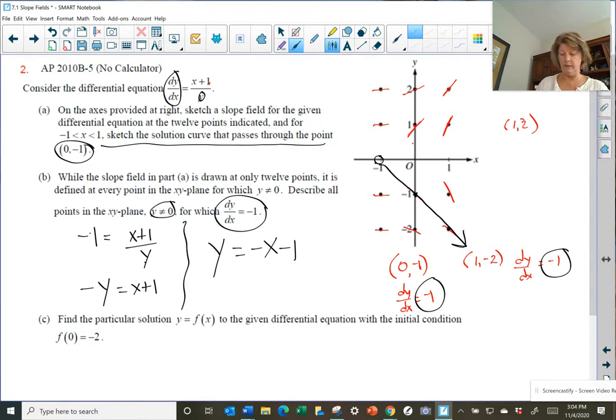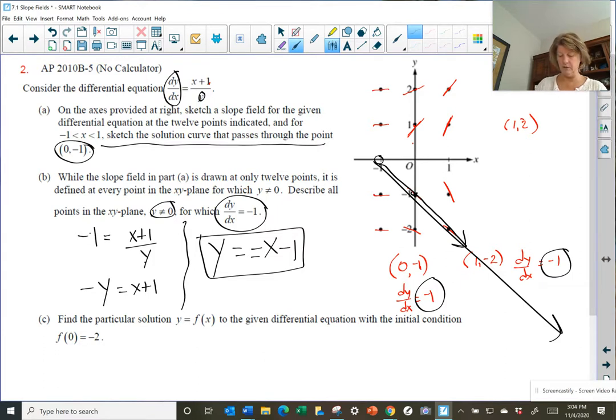So describe all the points on the plane when dy/dx is -1. Yes, I think it's described by this linear function. Notice that our y-intercept is -1. The slope is -1. Anything on that linear function basically describes it.